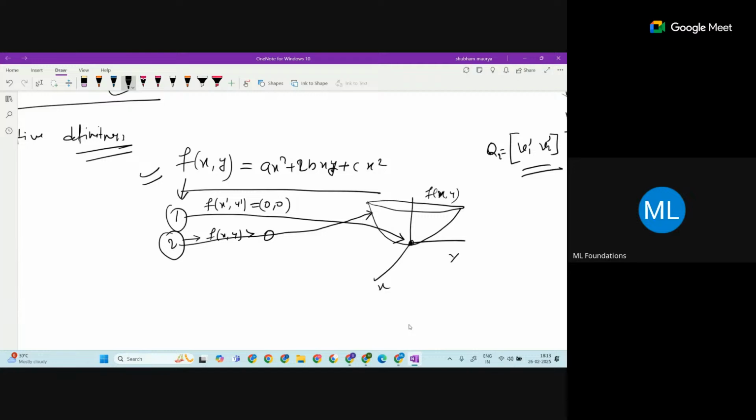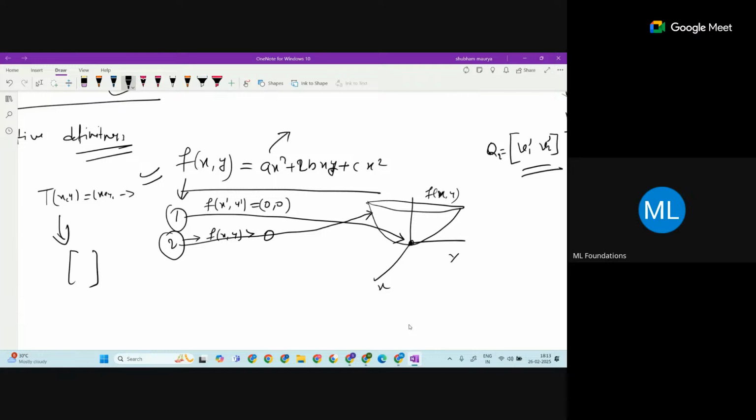The reason is that this function we can convert into a linear transformation. If you have a linear transformation, something like x plus y, we can find the matrix representation.